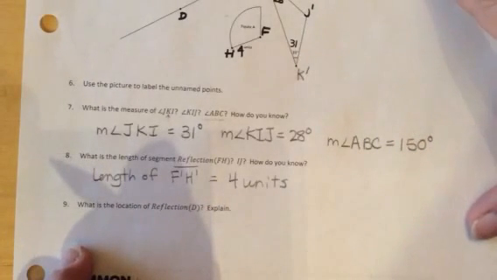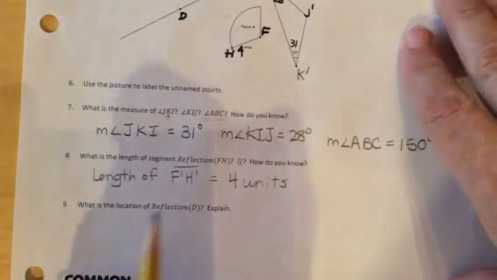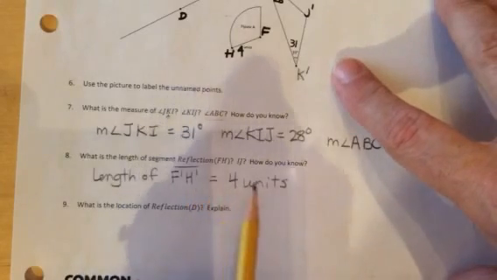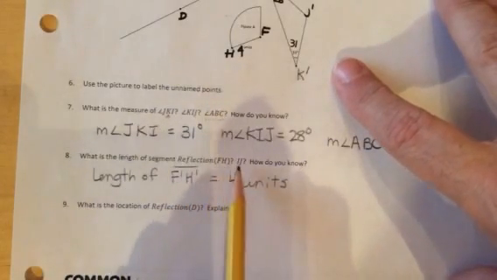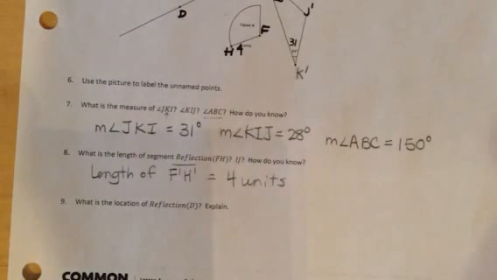And we've got another segment here. We've got IJ that's been labeled. Okay.